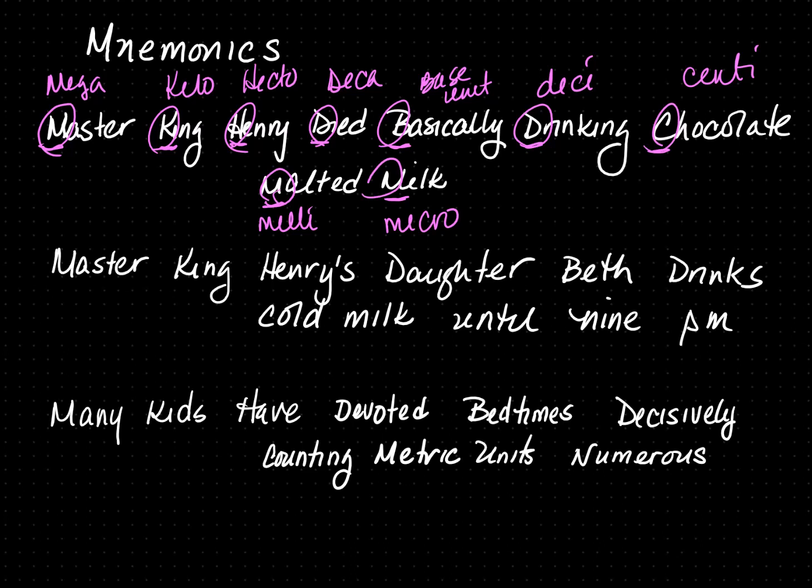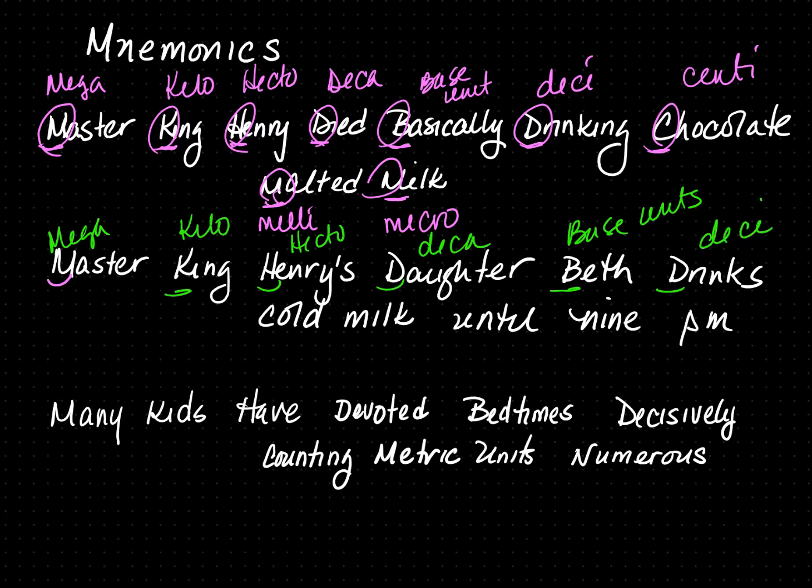The second mnemonic is Master King Henry's daughter Beth drinks cold milk until 9 p.m. Here, M stands for mega, K stands for kilo, H stands for hecto, D stands for deca, B stands for base units, D stands for deci, C stands for centi, M stands for milli, U stands for micro.